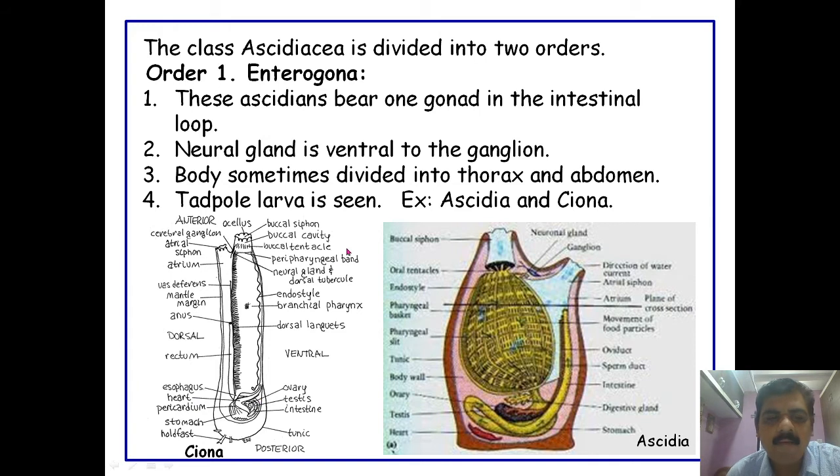Here the adults and the tadpole larva are seen. The adults have an inhalant aperture as well as an exhalant aperture, and in the intestinal loop they have a single ovary, and a large pharyngeal region.